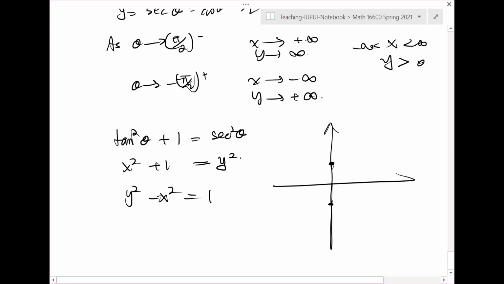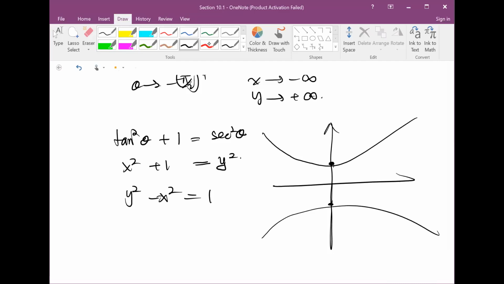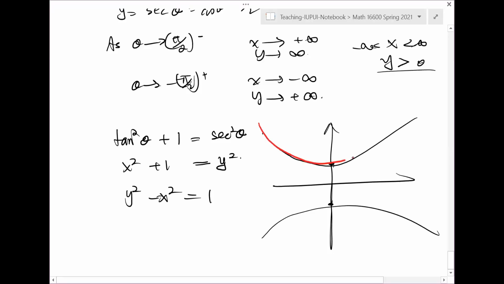Right? So this is a hyperbola, looks like that. But our graph says y is greater than 0, right? So clearly, this is my graph. Okay, it's going in that direction because when theta is negative, x is negative. It's going in this direction.